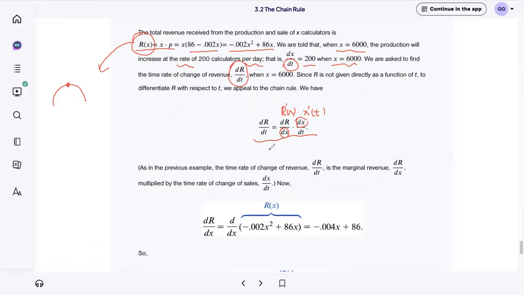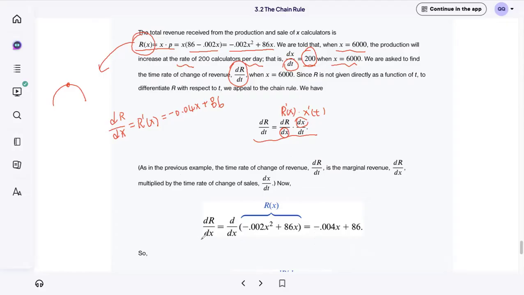Of course, this equals dR/dt. So we just have to find the derivative of R, which is dR/dx. What is R prime of x? It equals 2 times negative 0.02, so negative 0.04x plus 86. Then x prime of t, we were given 200, a constant rate of change. So just multiply those two.